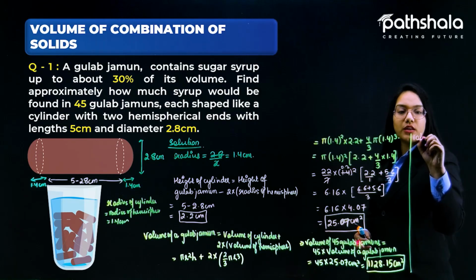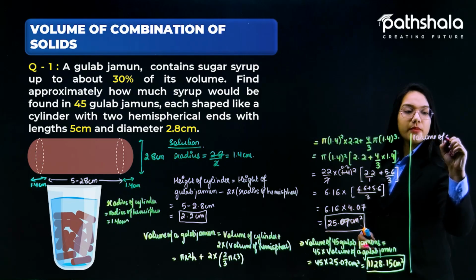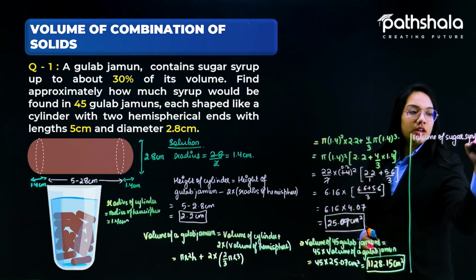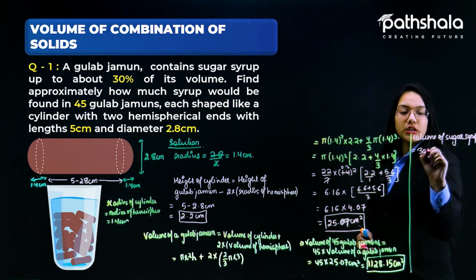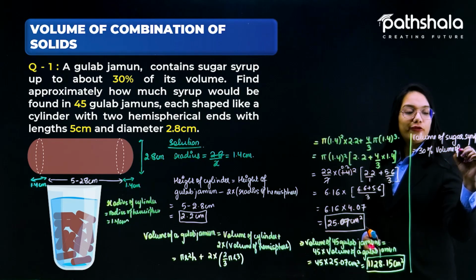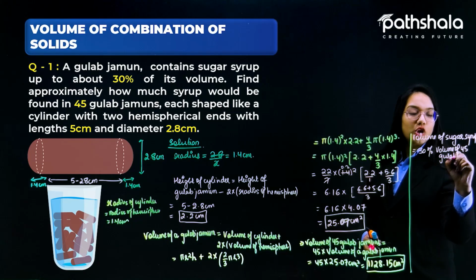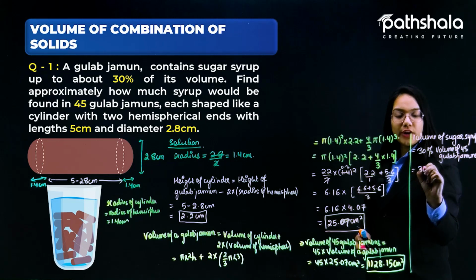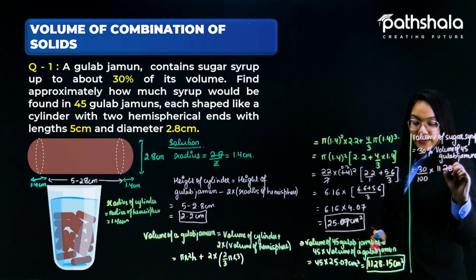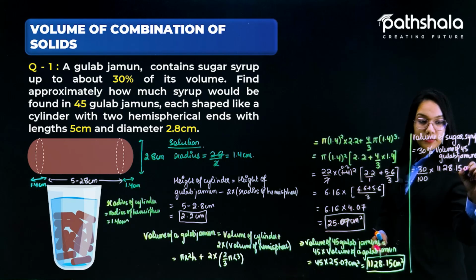So it means that the volume of the sugar syrup is equal to 30% of the volume of the 45 gulab jamuns. So let's plug in the value over here. 30% means 30 by 100 into the volume of 45 gulab jamuns, which is 1128.15 centimeters square.